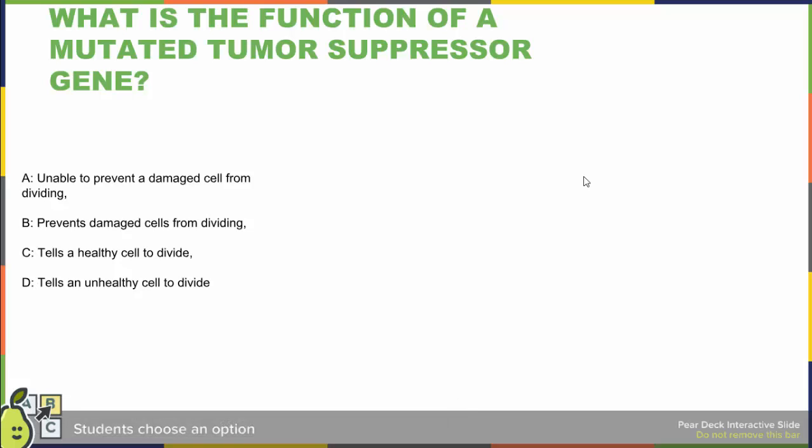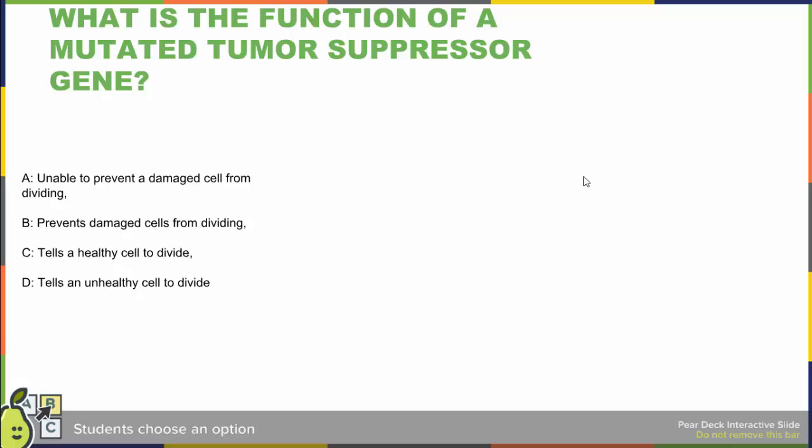Okay, this is another review question from the end of last lecture when we talked about cancer. What is the function of a mutated tumor suppressor gene? So remember, a tumor suppressor gene, not the mutated version, just the regular normal version, is a gene that is like a brake pedal for the cell.